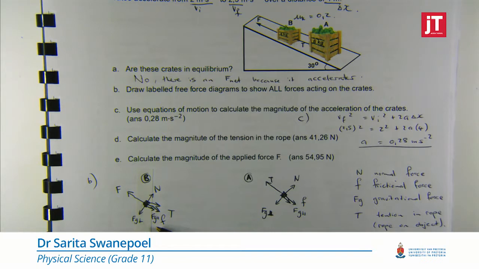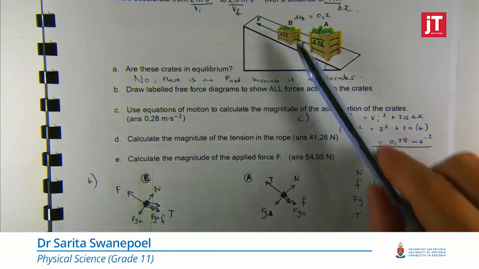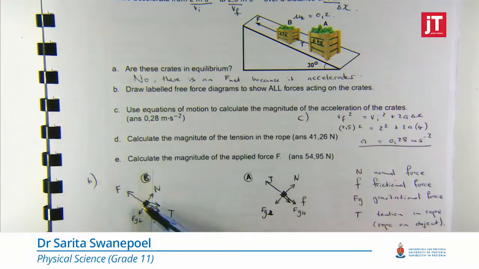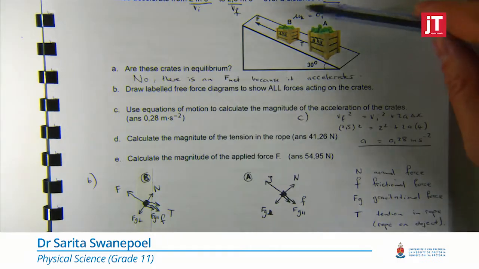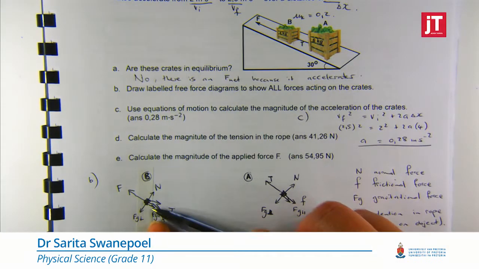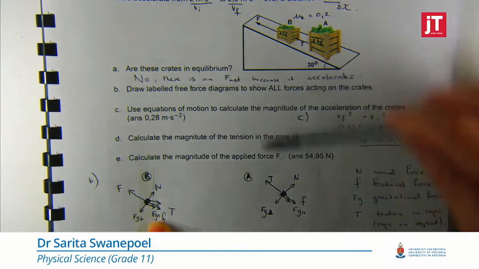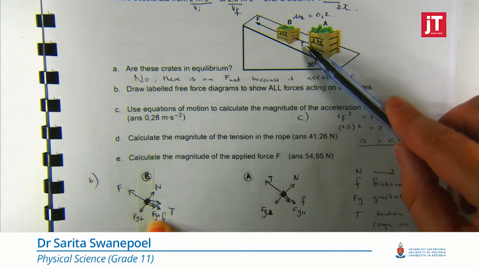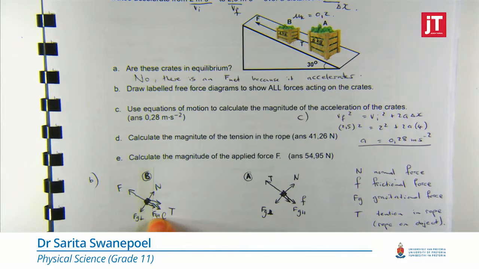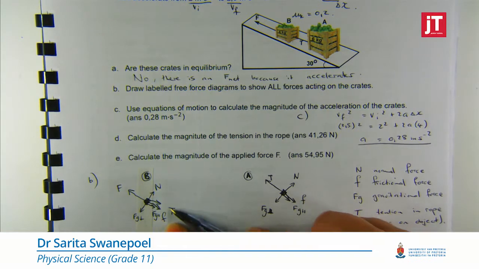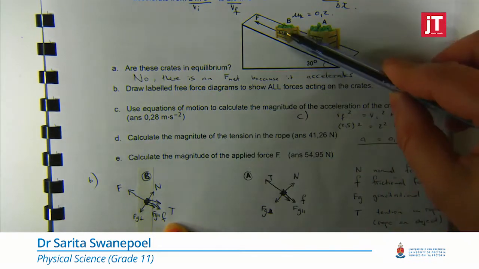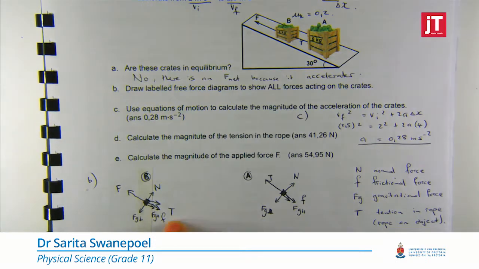And then think about what is taking this crate up. It's being taken up by F, the applied force. What is keeping it back? We already know gravity's perpendicular component is keeping it down. What's also keeping it down? The tension in the rope. If it was not pulling the other one along, then it would have been faster. So the tension in the rope is also pulling back, and you also have friction keeping it back. If you don't have all the forces on your force diagram, you won't have all the marks.